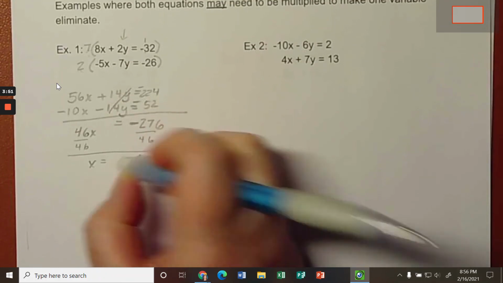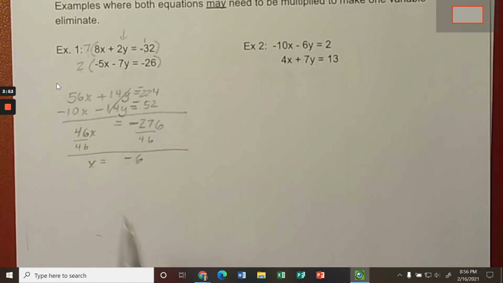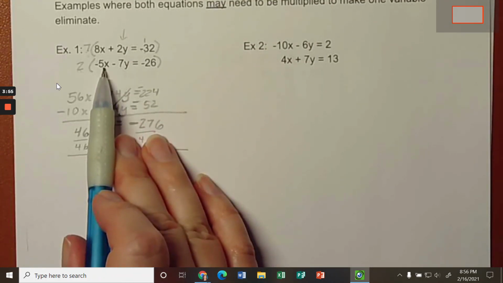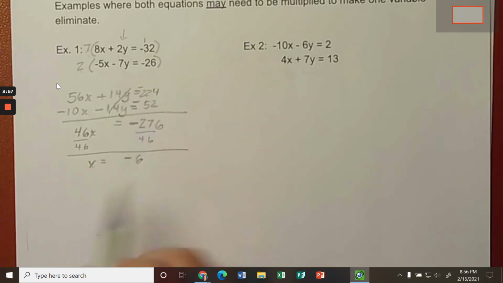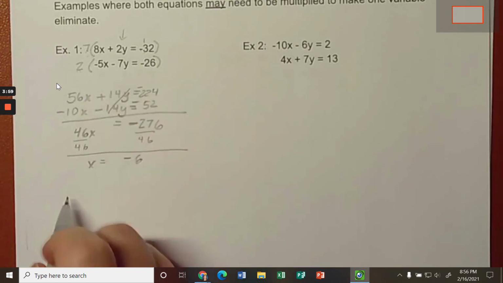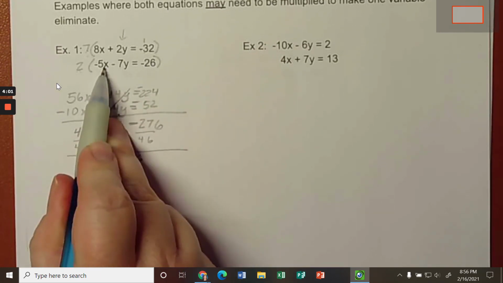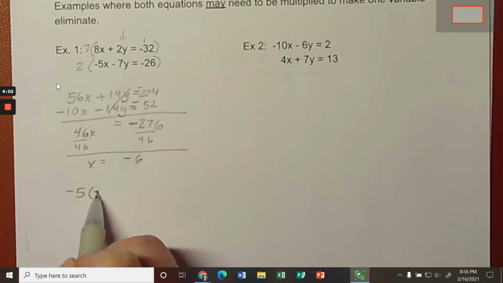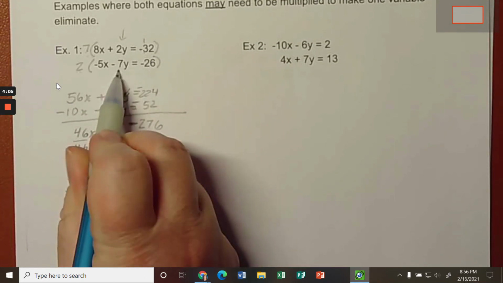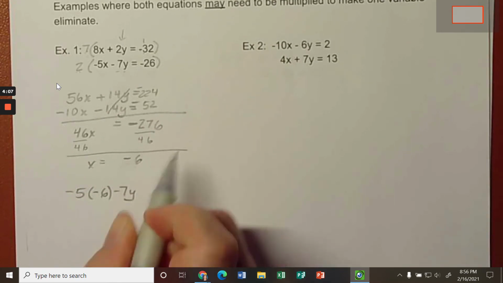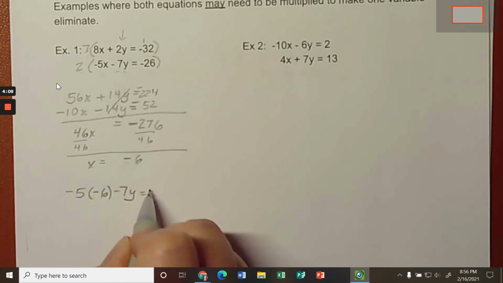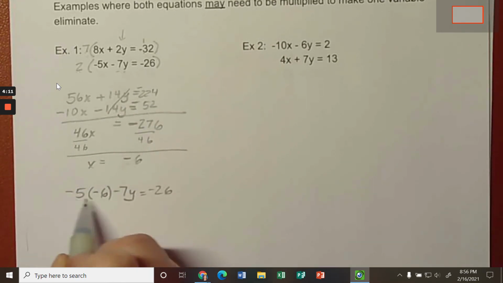Now substitute that into either one of the equations to solve for y. So I'm just going to neaten that up a little bit. Let's go ahead and plug it into the second equation. So we have negative 5 times negative 6, instead of times x, minus 7y equals negative 26. Negative 5 times negative 6 is a positive 30.